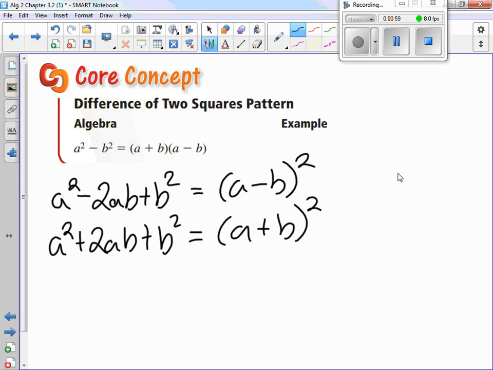However, for the bottom two, the two that I just wrote up there, the sum and difference of squares, the methods that we went over last week for chapter 3.1, parts 1, 2, and 3, work just fine. For these two, I feel it takes more time and effort to work out the values of A and B to set this up than it would to just factor it like we did last week.